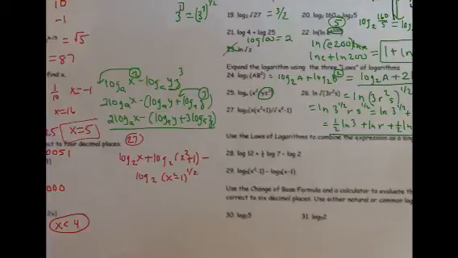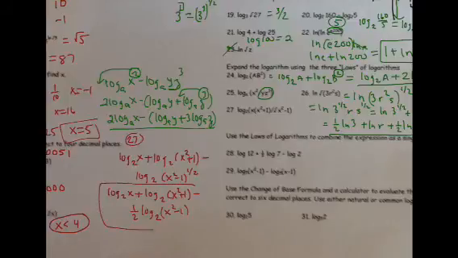And then we're just going to put the 1/2 to the front. So it's going to be log base 2 of x plus log base 2 of x squared plus 1 minus 1/2 log base 2 of x squared minus 1. Now you can factor x squared minus 1 and then write it as the sum of the logs of each factor, but we'll just leave it like this for now. This is fine.